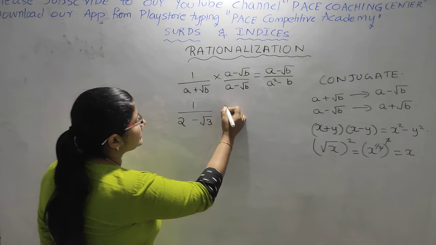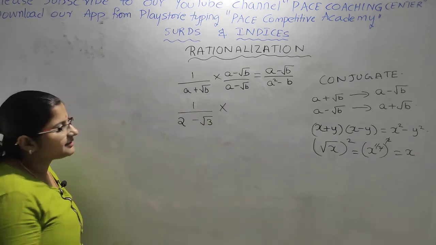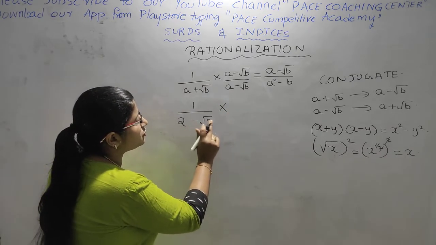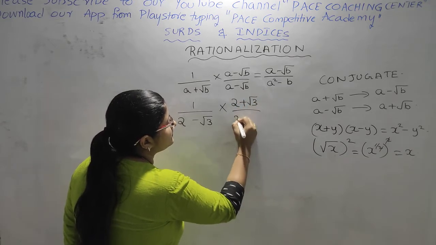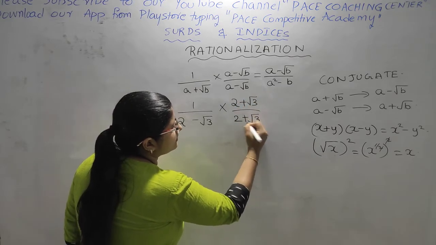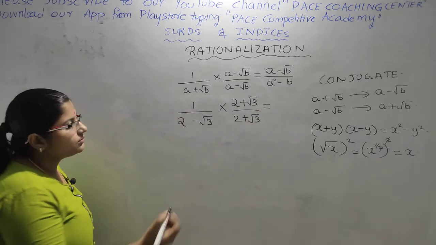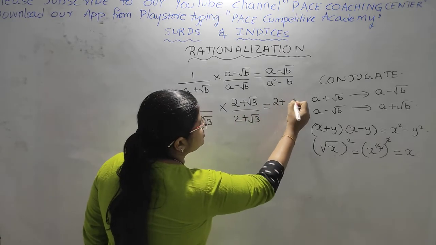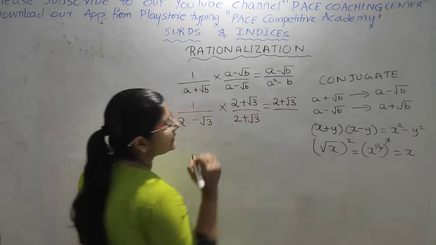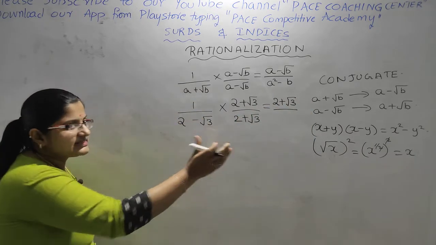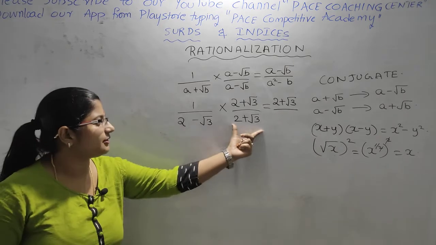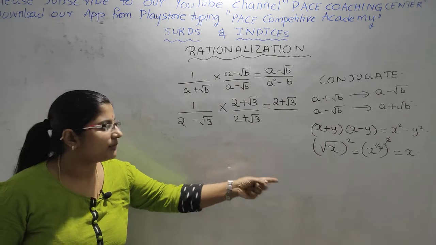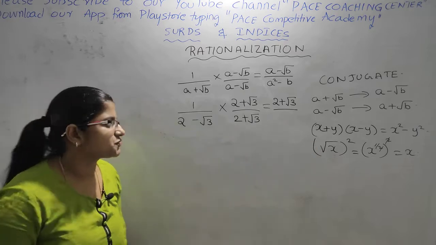For applying the rationalization, you need to multiply and divide by the conjugate of 2 minus root 3, which is nothing but 2 plus root 3, which is equal to 2 plus root 3 divided by, always, if we are applying rationalization, the denominator part will be of the form x square minus y square.